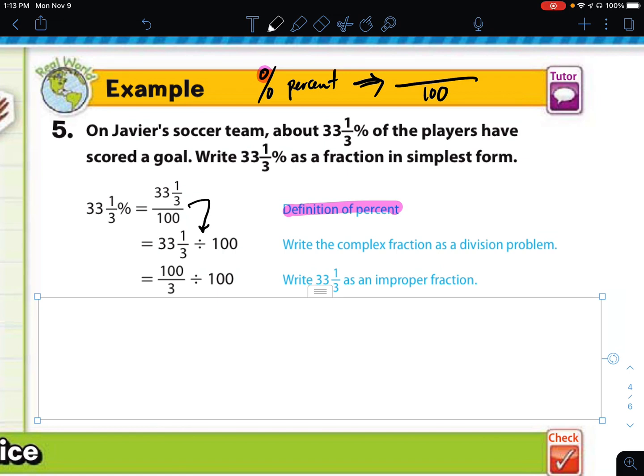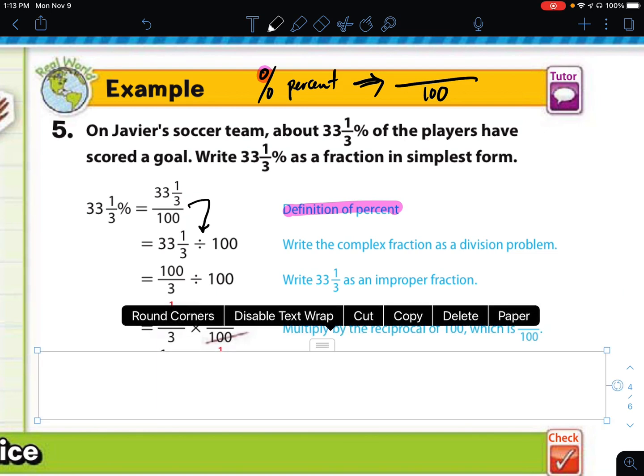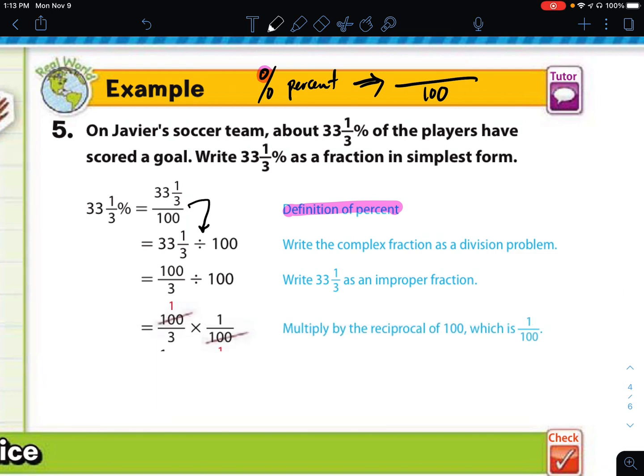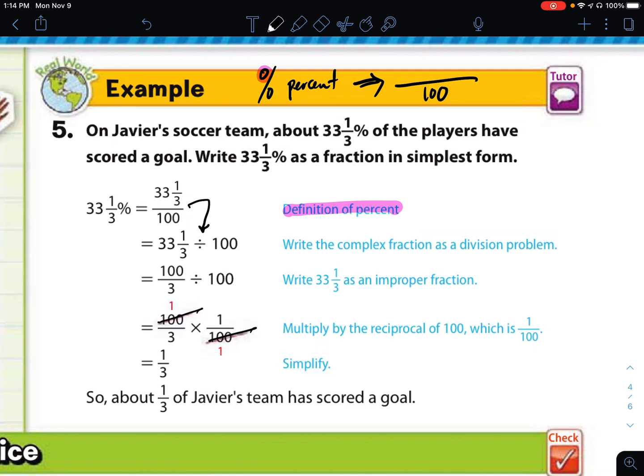Basically, we get the reciprocal of 100, which is 1 over 100. And if you notice, the 100 cancels out. The answer is now 1/3. 1 times 1 gives me 1, and 3 times 1 gives me 3. So about 1/3 of Javier's team has scored a goal.